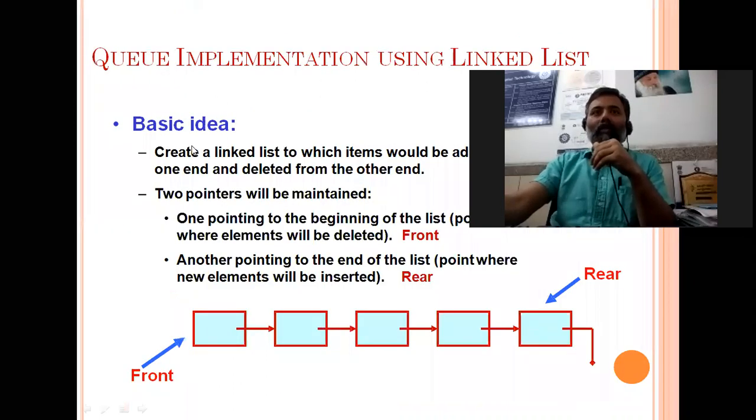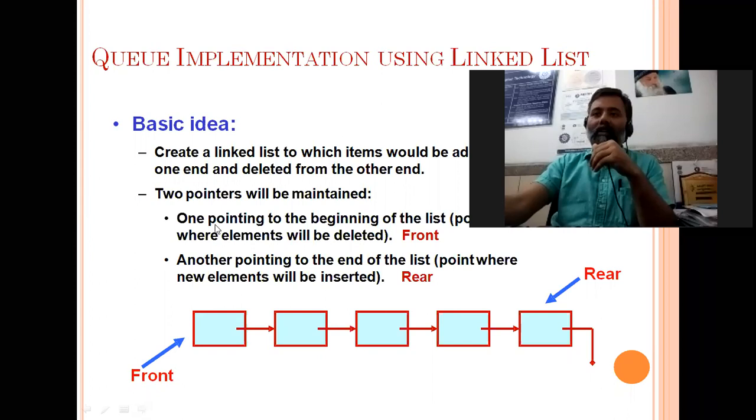Now, as you know that in queue we use two pointers, front pointer and rear pointer. From rear side we insert and from front side we delete.